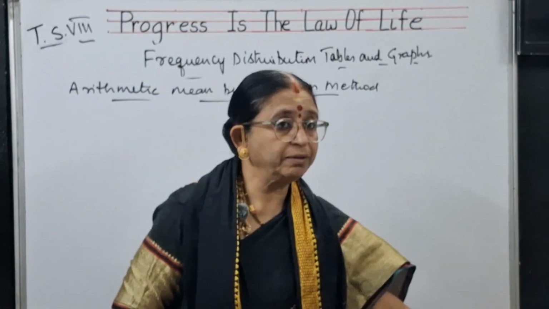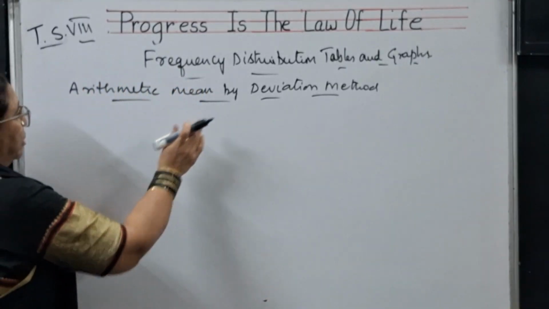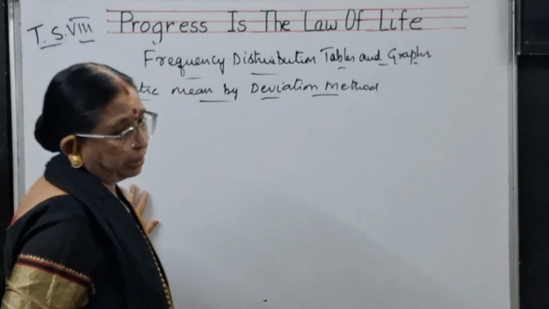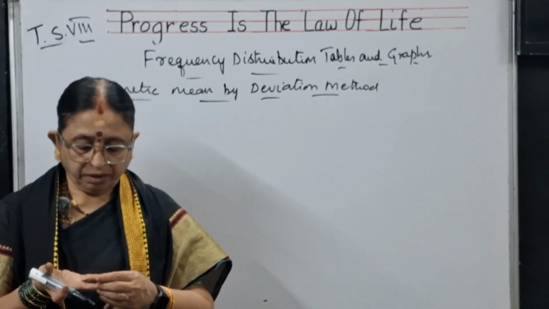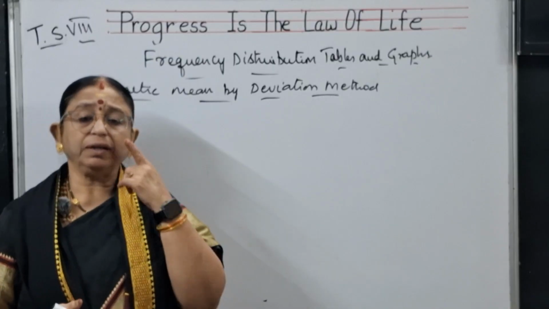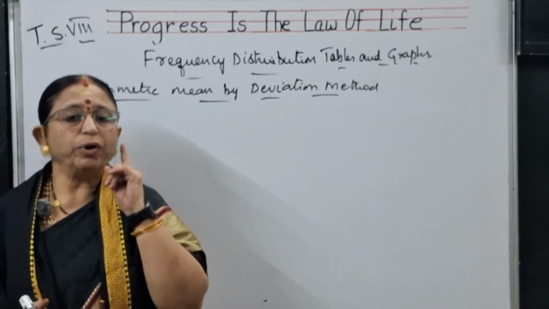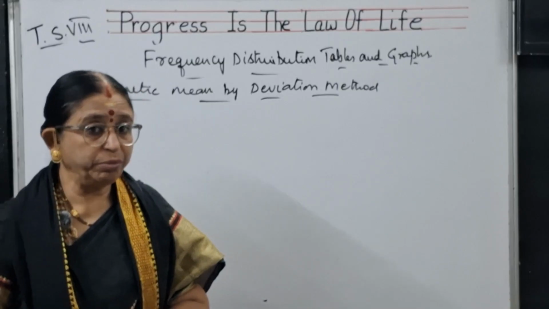Now children, the next part we are going to do is arithmetic mean by deviation method. What is the meaning of deviation method? If the observations are given to us, in those observations, one value is taken as assumed mean.